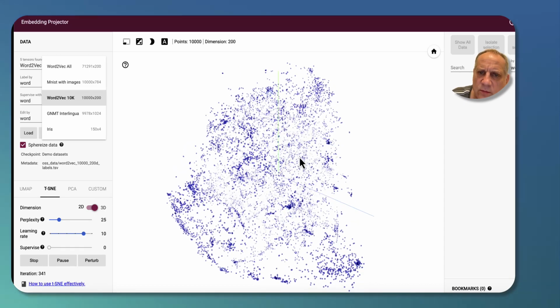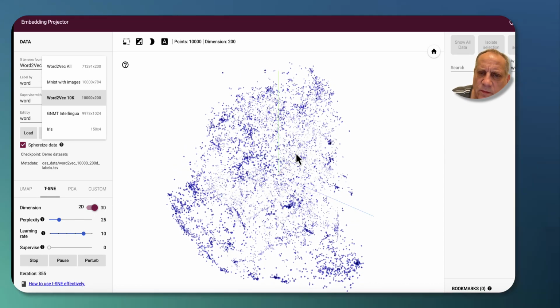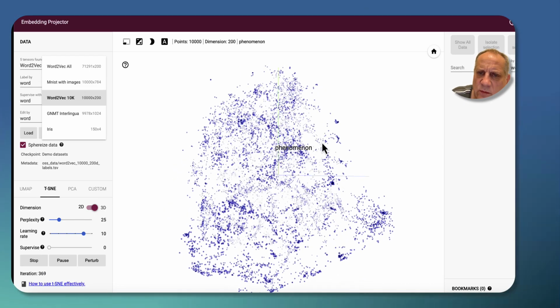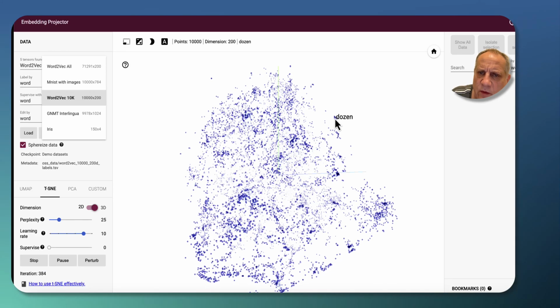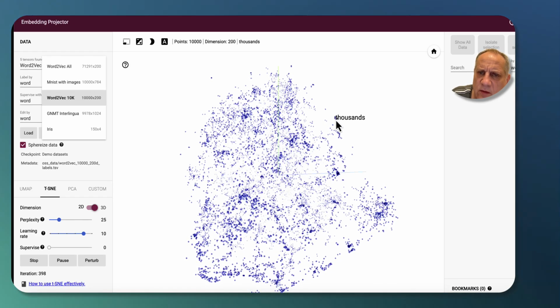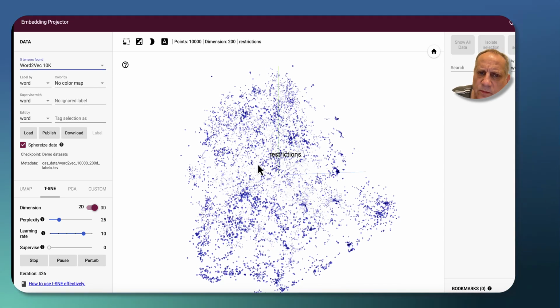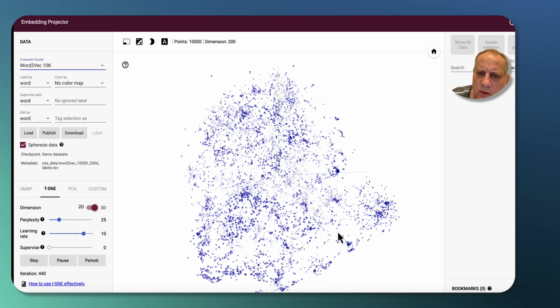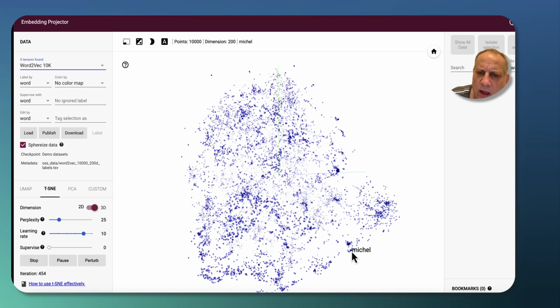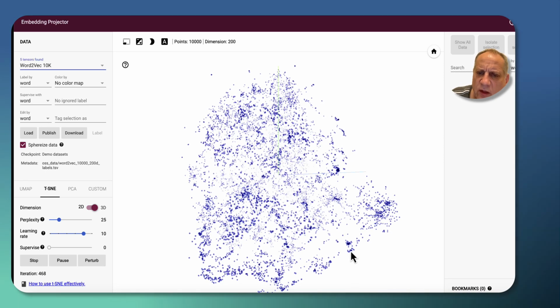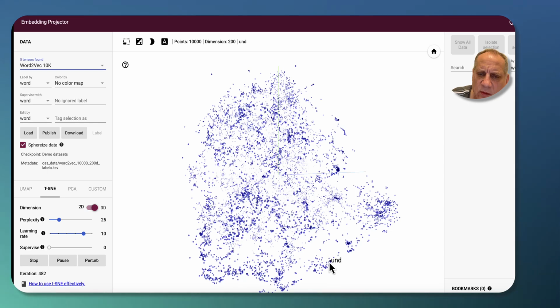So we can look at them. We can see those words: few, dozen, thousand, 80, 100, 50. Okay, so those are numbers. Henry, Michael, Jean, those are names.